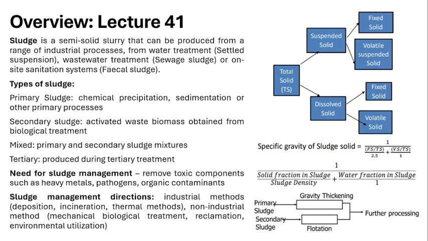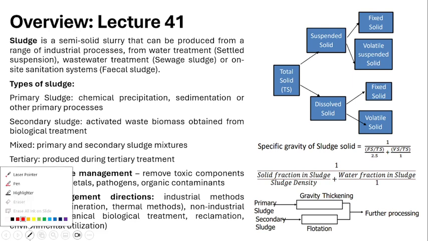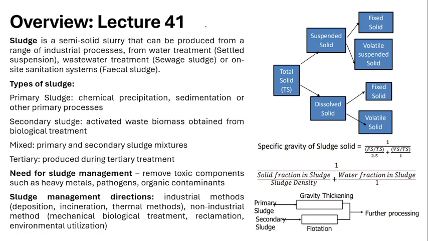Not only in the wastewater treatment, these sludges are also produced from different processes like the water treatment, wastewater treatment, and the on-site sanitation system. So here, the water treatment includes the waters present in the industries or domestic side.